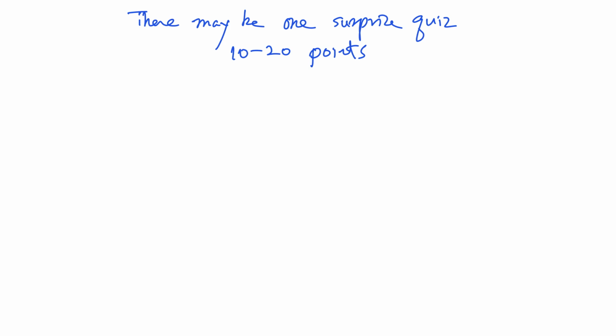But even for that very simple problem, I found that some students write my name. So in that case, you cannot get the 20 points. So you have to read the problem very carefully.